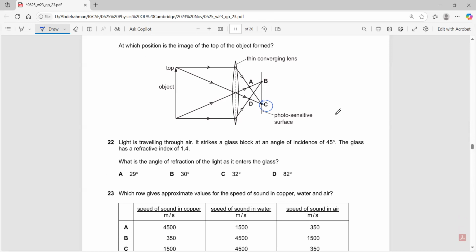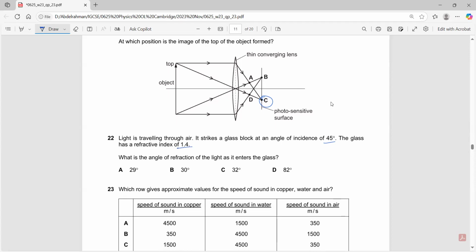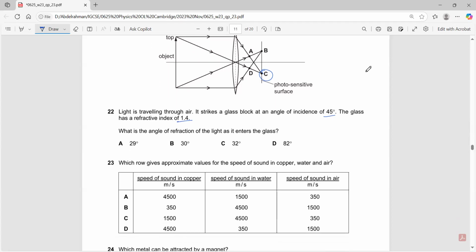Light is traveling through air. It strikes a glass block at an angle of incidence of 45 degrees. The glass has a refractive index of 1.4. What is the angle of refraction as it enters the block? We know that n equals sine of the angle in air over sine of the angle in the medium.